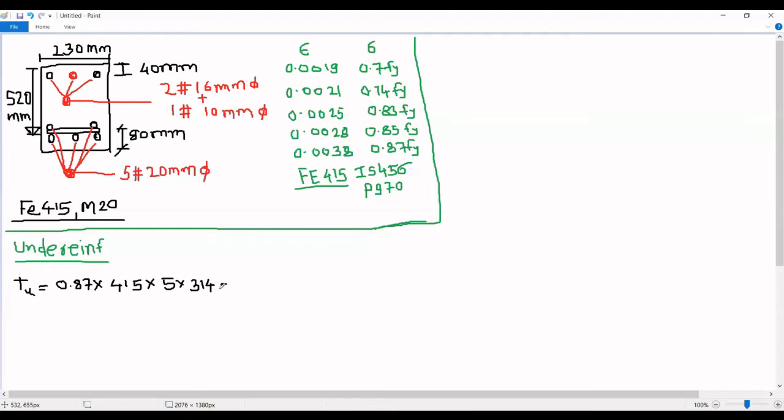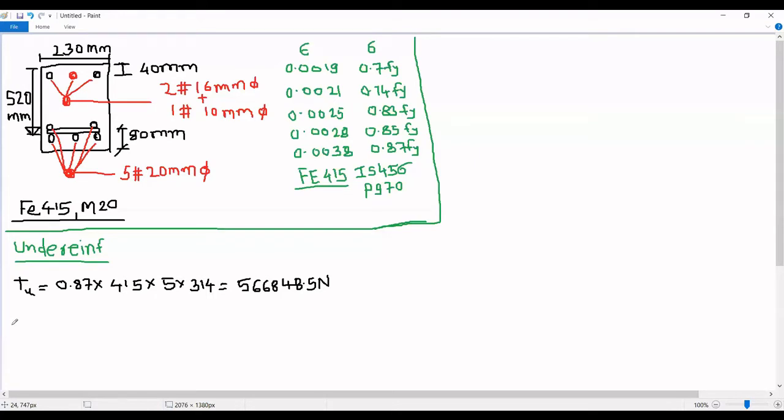So this value turns out to be 566,848.5 Newton. So the value of ultimate tensile force that tension steel can provide is 566.84 kilonewton.